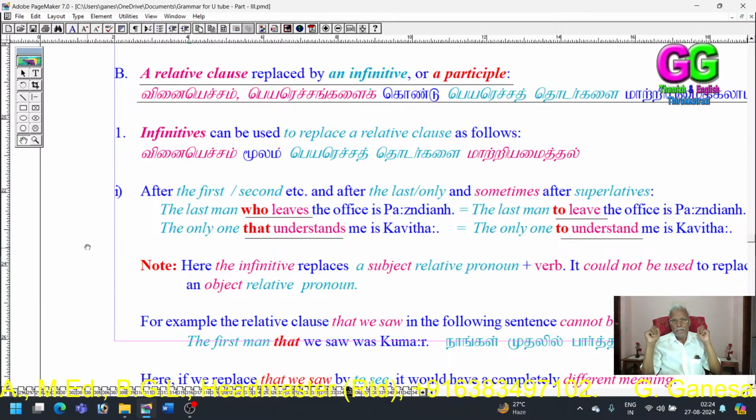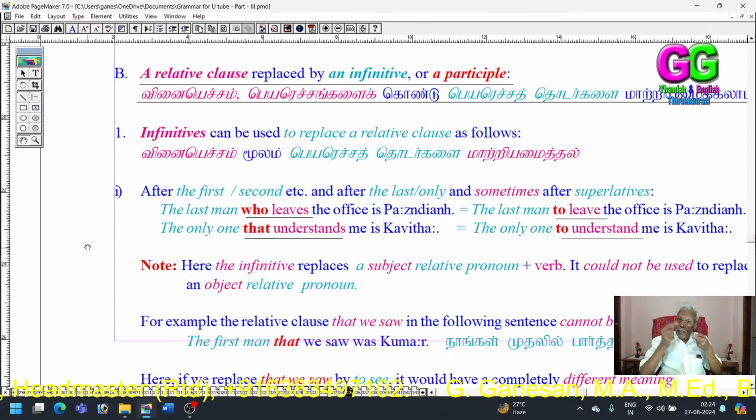an infinitive. But in this construction, you can replace the relative clause using an infinitive when the relative pronoun acts as subject. When the relative pronoun acts as object, that cannot be replaced by the infinitive.